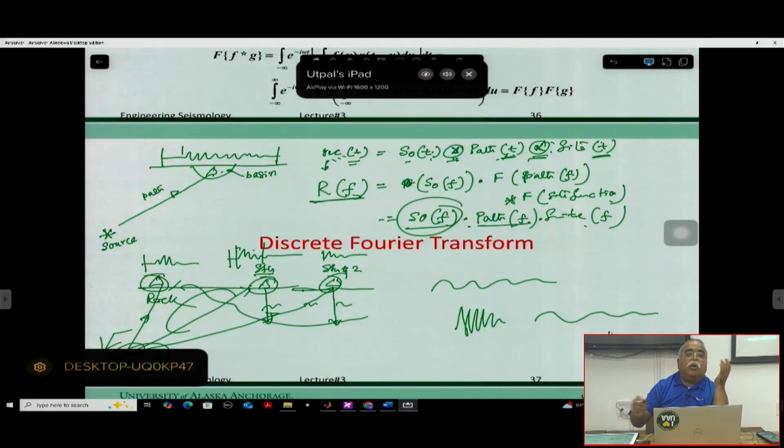It will have only the low frequency part, and that low frequency part comes to your recording station, and you record that. So that is the effect of the path. It will have an effect of attenuation, frequency attenuation, as it travels. The more it travels, the more high frequency gets attenuated. Okay, so every time you will get attenuation.